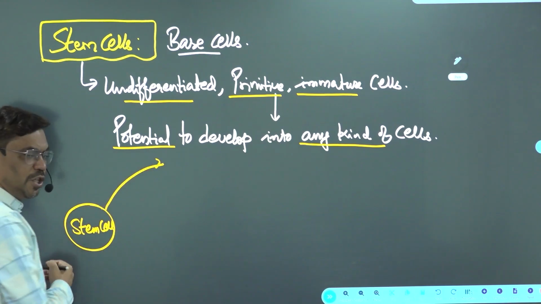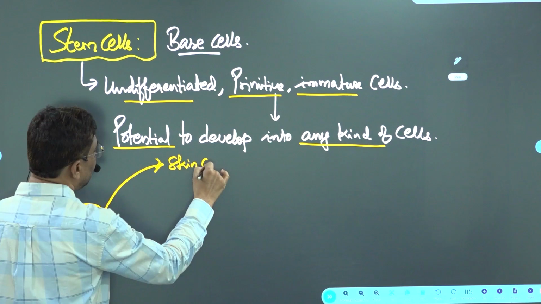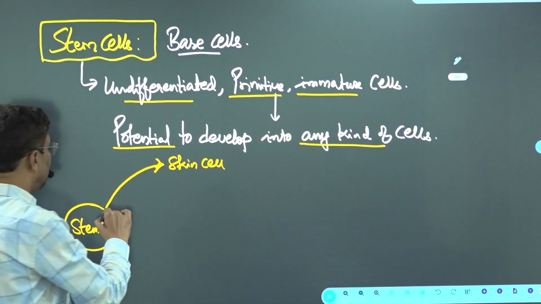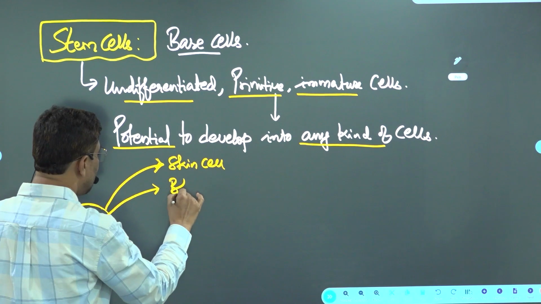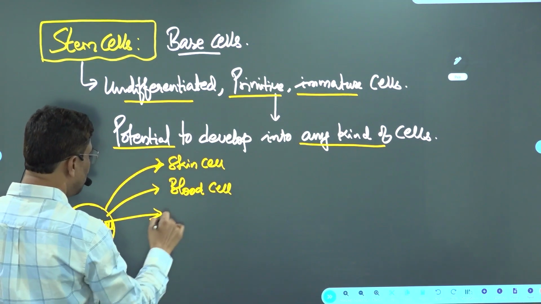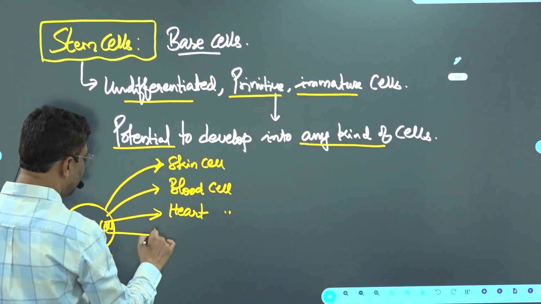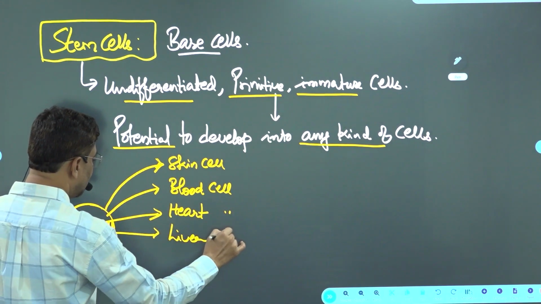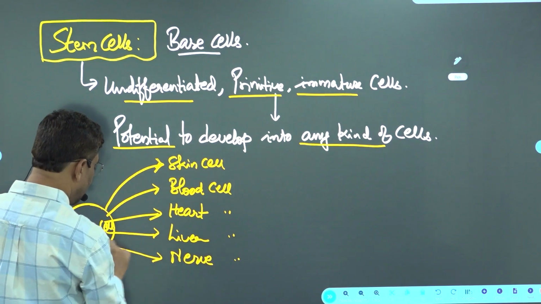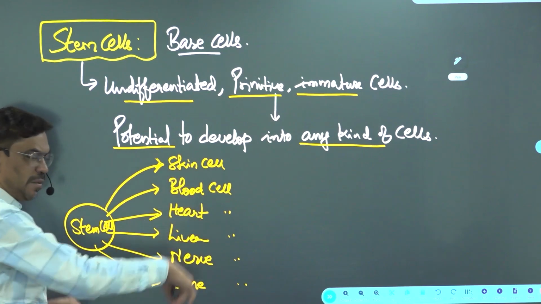It has the potential to modify into a skin cell, a blood cell, a cardiac cell, a heart cell, a liver cell, a nerve cell, a bone cell, whatever it may be.